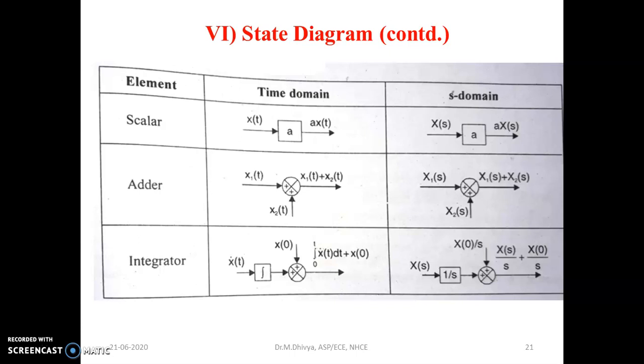And the next basic element is the integrator. The integrator is used to integrate the signal. It is used to integrate the derivatives of the state variables to get the state variables. That is, in simple terms, in order to obtain the state variables, we integrate the derivatives of the state variables.